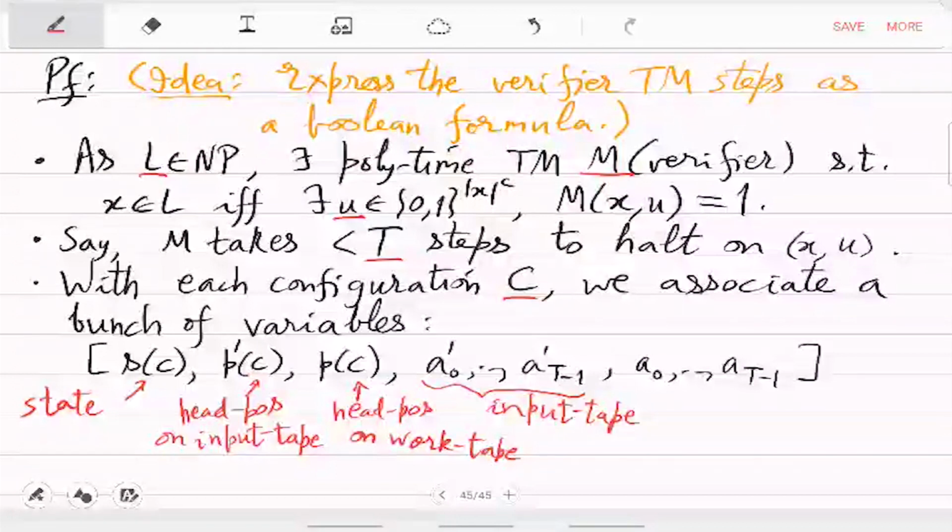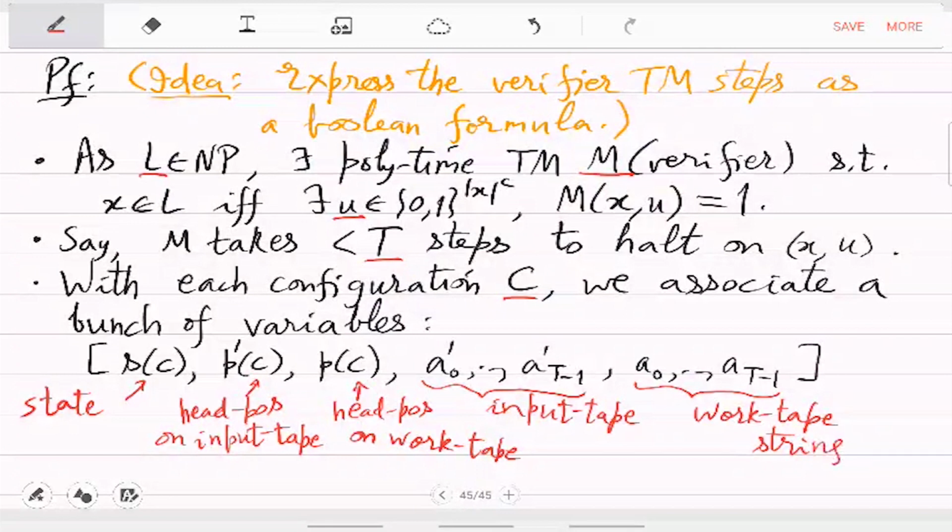So blank we don't care. And this is the work tape string. Right, so that is a configuration, and these values will keep changing step by step. But it will use the transition function. So we have to encode whether every step is correct, that it is following the transition function.